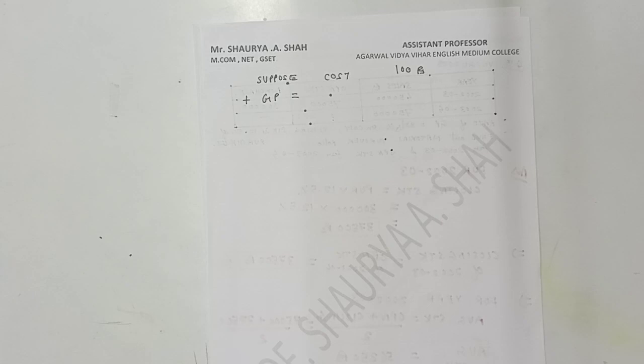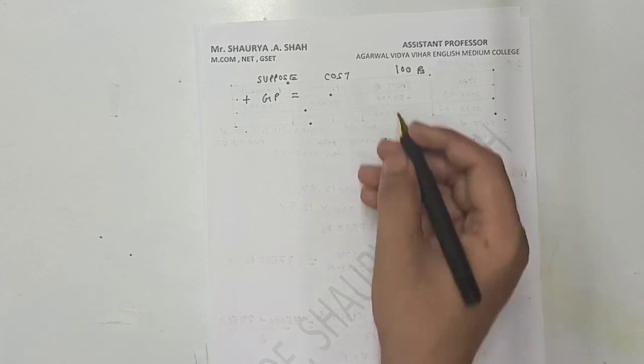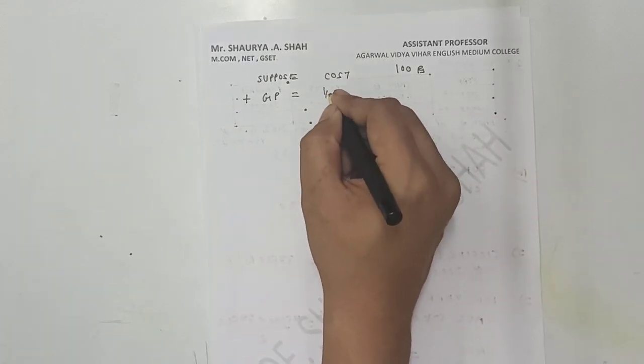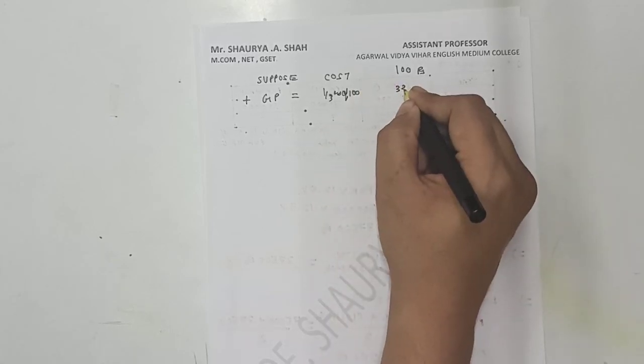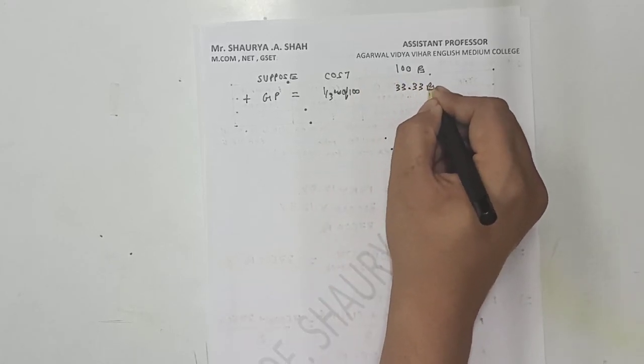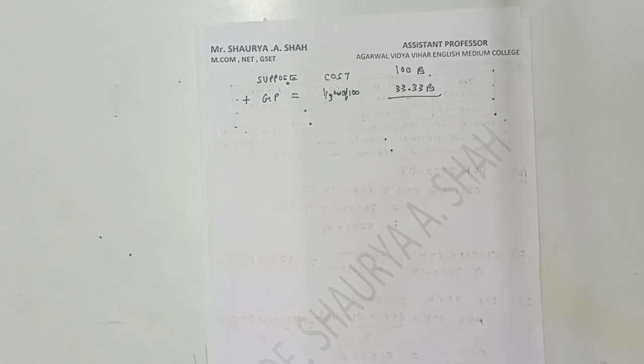Now always remember, whenever 33 1/3% is given, take only 1/3, right? So 1/3 of 100 is equal to 33.33 rupees, right? You can calculate it on a calculator. 1/3 of 100 is always 33.33 rupees.